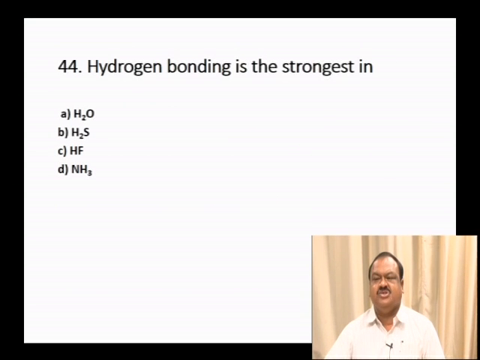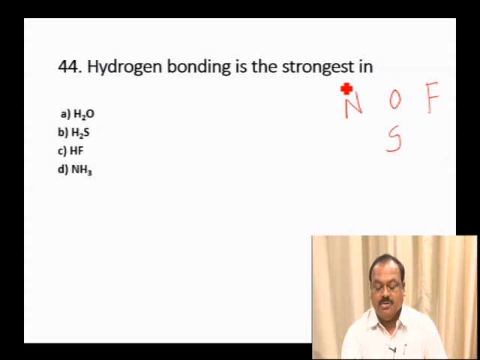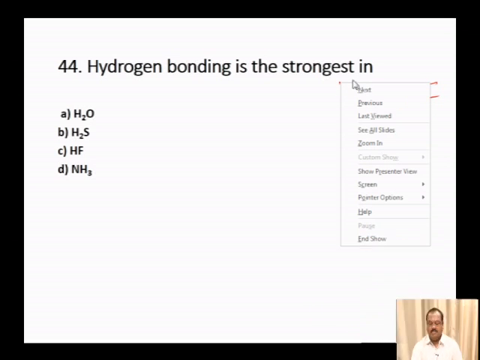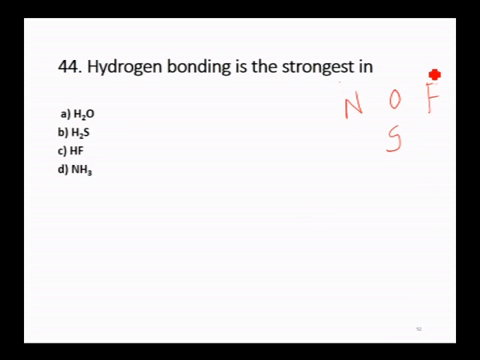Hydrogen bonding is the strongest in which of these: the oxygen family, sulphur family, fluorine, nitrogen. These are the 16th group, 17th group, 15th group.